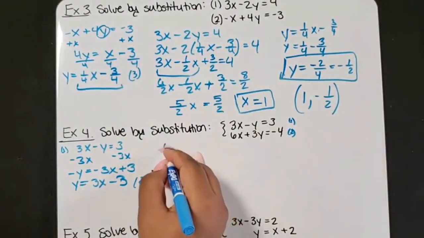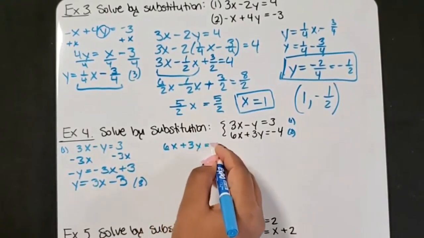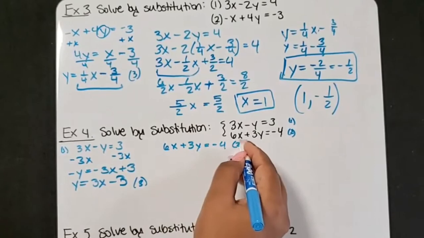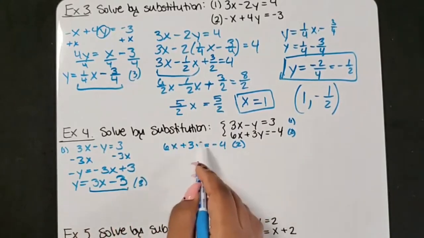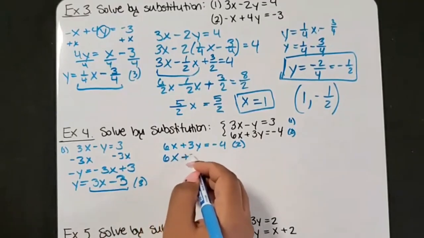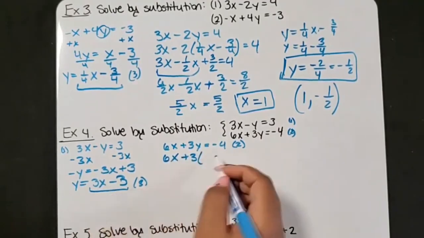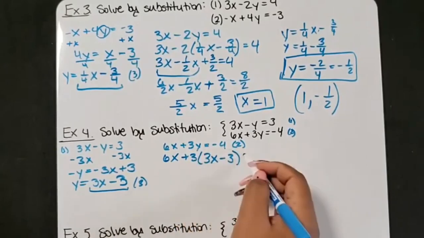So I'm going to take equation 2, and I'm going to plug in what equation 3 says that y equals. I'm plugging that in for y. So we got 6x plus 3, and I'm going to plug in 3x minus 3 in for y.